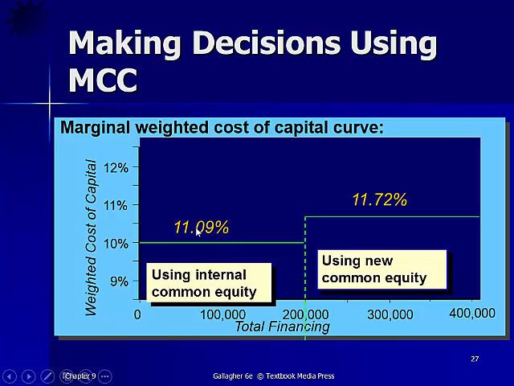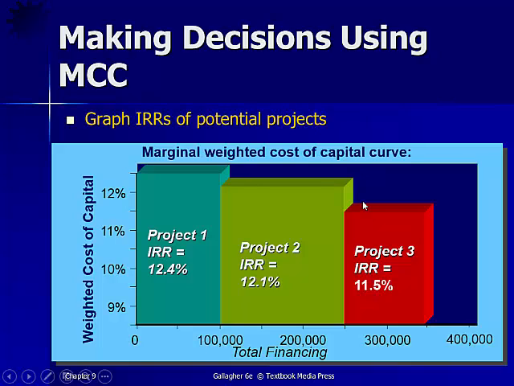So the weighted average cost of capital was 11.09% until we raised $200,000 of total funding. And beyond that, we have the higher weighted average cost of capital of 11.72% because of those flotation costs.